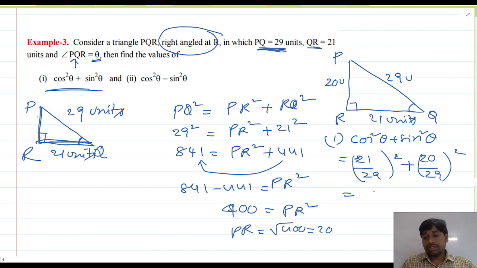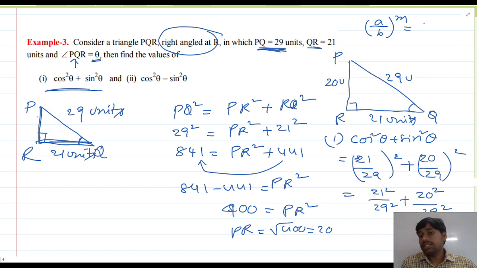So 21 square by 29 square plus 20 square by 29 square. Why, sir? If there is (a by b) whole power m, then we have to separate it as a power m, b power m. Similarly here we separated the square. 21 square is 441 by 841 plus 400 by 841.